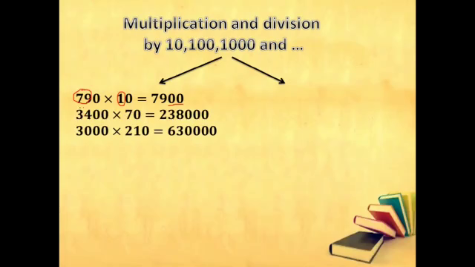You can multiply 34 and 7, add the number of zeros, that is 3. You can multiply 3 with 21 and add the number of zeros. This is the technique we will use for multiplication by 10, 100, 1000.